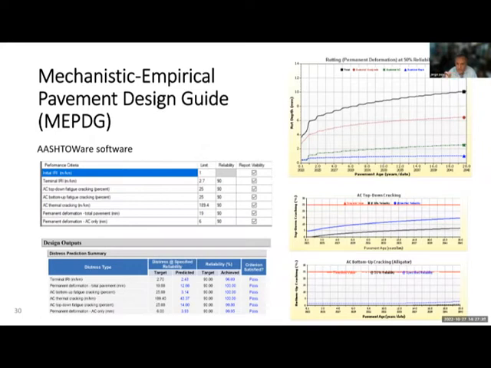So the results appear for each period, for each month, and it's good for the whole agency to define a policy for maintenance, because they can see how distress evolves during the pavement life, and they can decide when it's important to carry out a maintenance procedure.